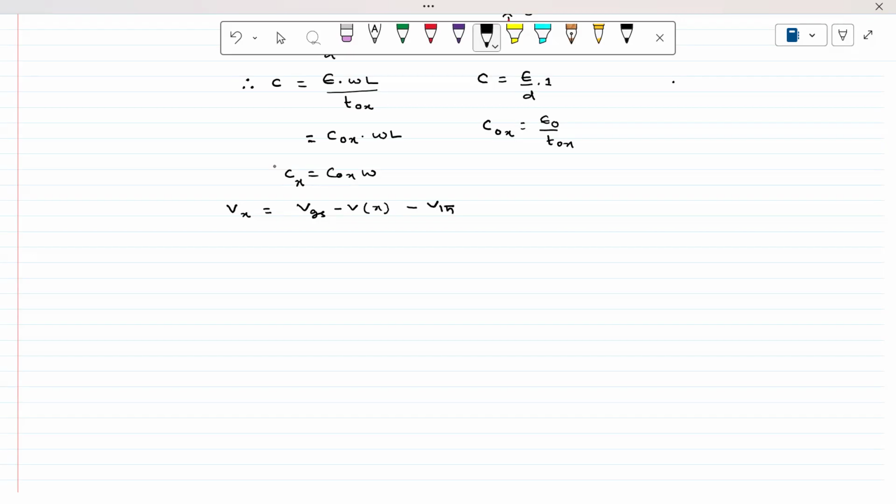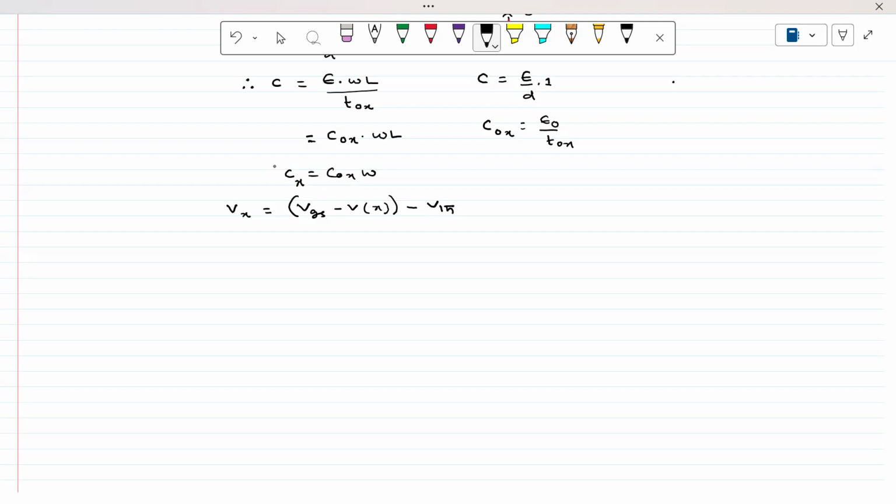So this is one quantity minus VTH. Make sure that we are applying more than the threshold voltage. So this is the voltage at a point X within the channel.